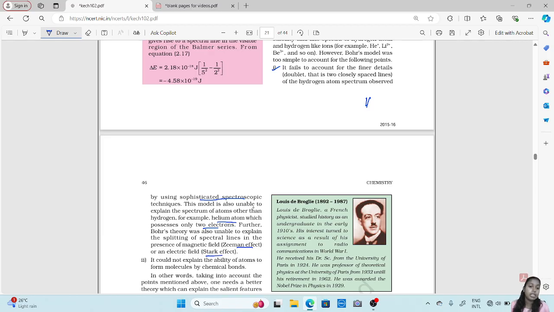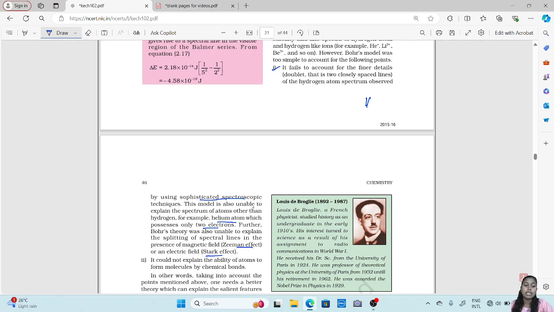Bohr's model in general can explain the hydrogen atom's spectral lines, but when the spectral lines are under a magnetic or electric effect, the lines will split. That splitting of spectral lines could not be explained by Bohr's theory.